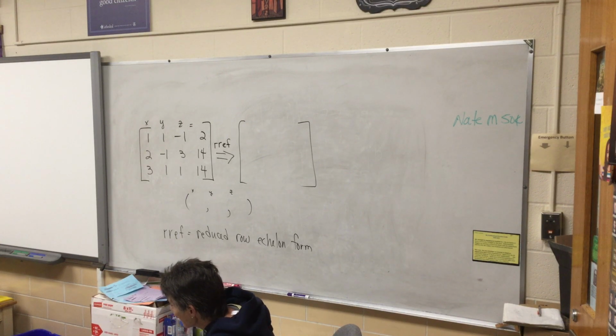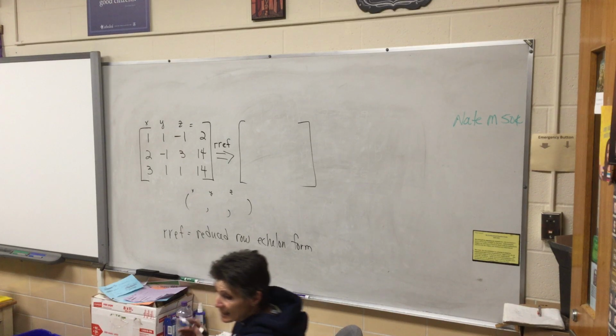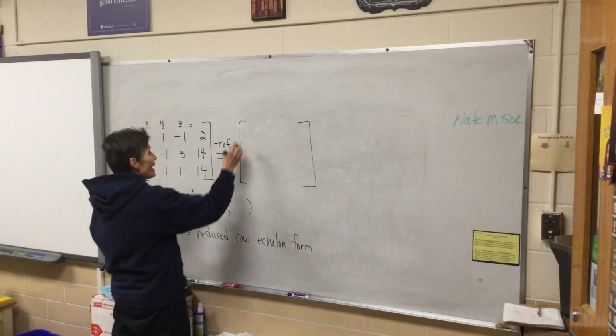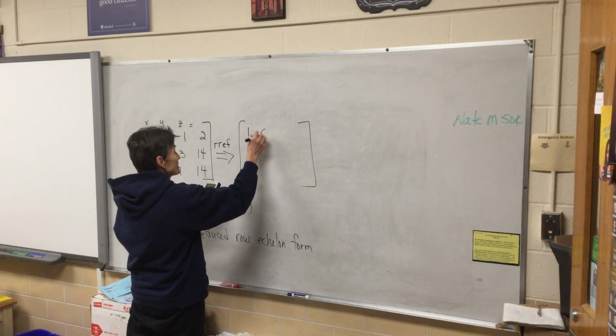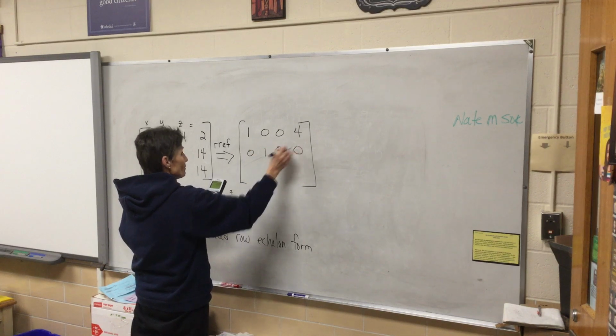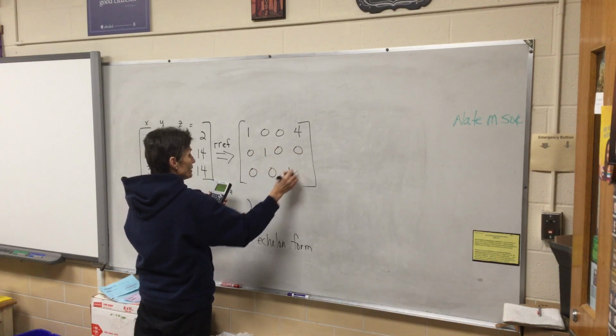Press enter again. And it is going to give us the reduced row echelon matrix. So 1, 0, 0, 4, 0, 1, 0, 0, 0, 0, 1, 2.